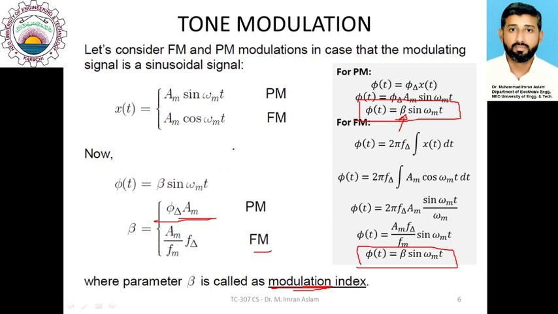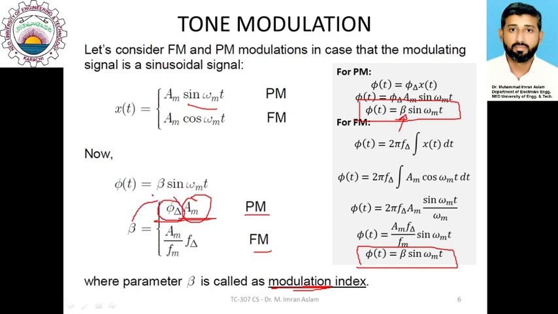One thing that you should notice is that in some cases, because we generally work on the normalized signal, in that case this AM would become equal to 1, that is the maximum amplitude that can be achieved by this sinusoidal function would be taken as 1. So if you have that condition, in that case this PM and FM signal would have a definition of beta, which will be given as phi delta.